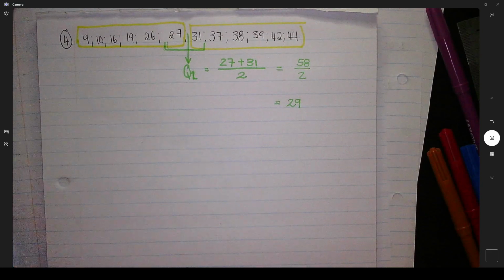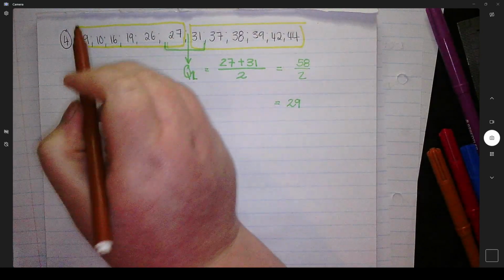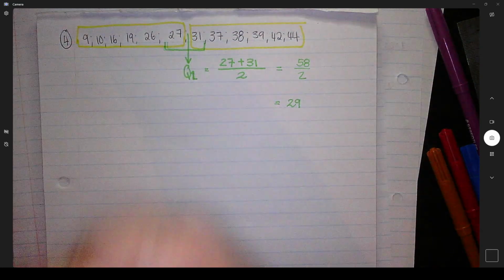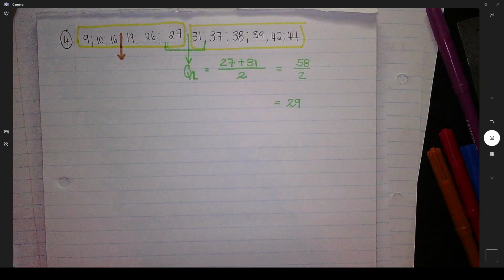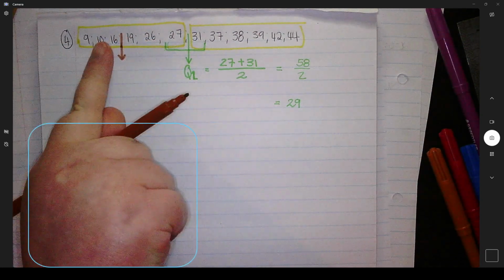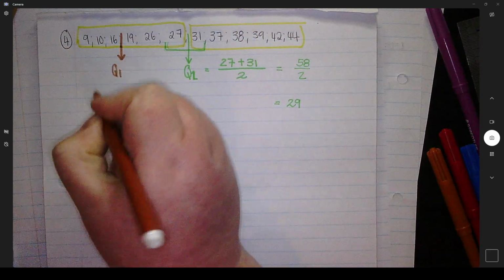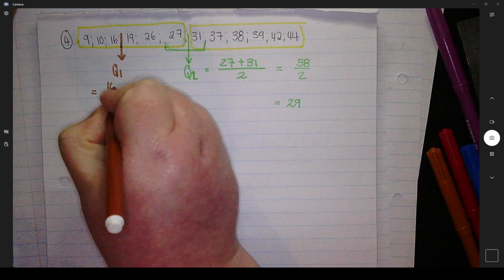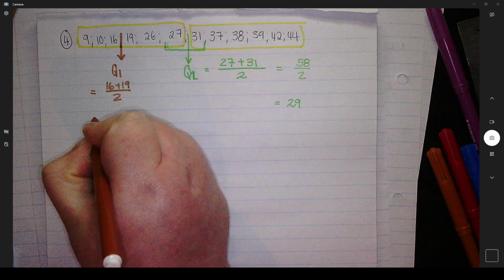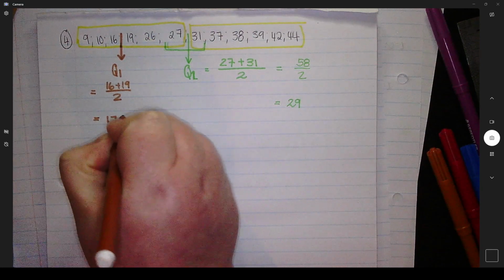Then, quartile 1 is the median of this lower half. There are 6 values, which means that it's going to be exactly there. There are 3 numbers above and 3 numbers below it. So quartile 1 is halfway between 16 and 19. That is going to be 17.5.